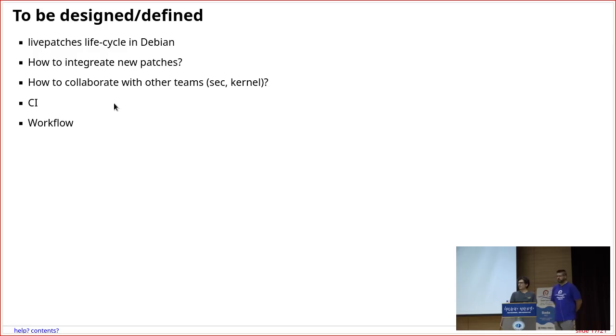CI is very important, and we don't know yet how to do it. We could use CI, but not on the shared runners, because we will need access to the kernel for sure. And we need to properly define the whole workflow.